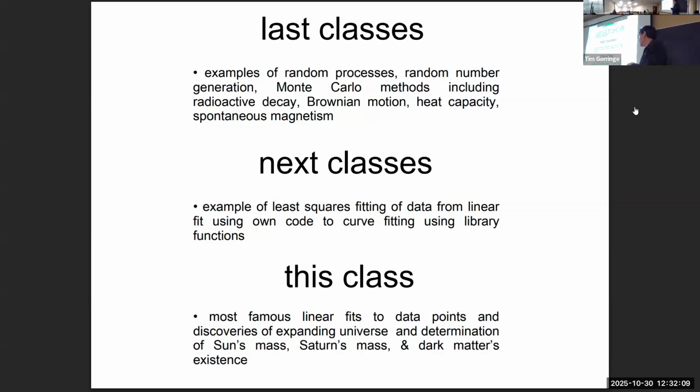We're going to move on from that to look at data. We're going to be looking at data to learn from the data, to try and interpret the data. And specifically, over the next few classes, we're going to be performing fits to the data with a model for the data. So that's the work over the next few classes.